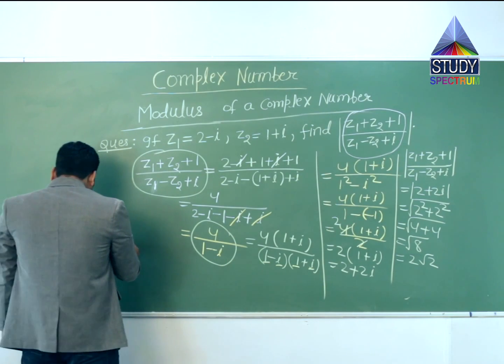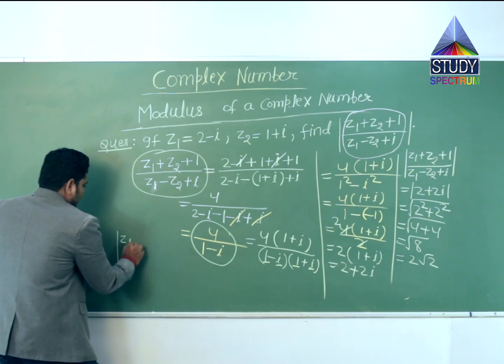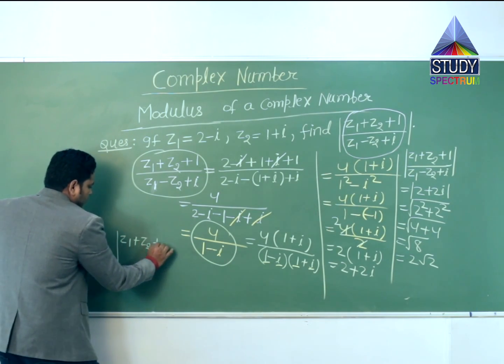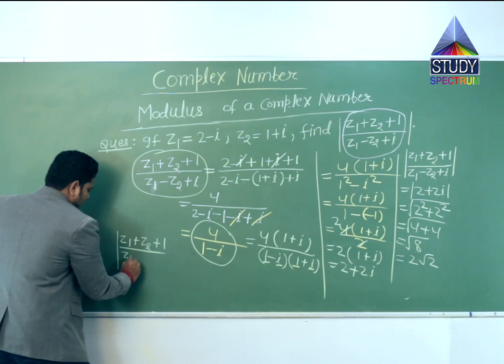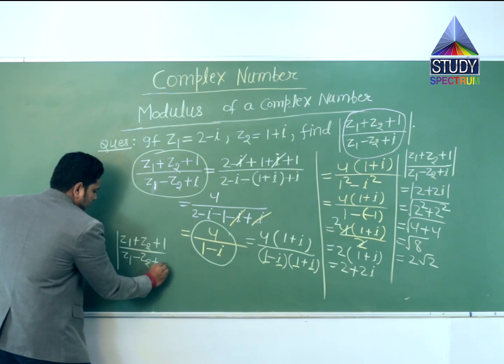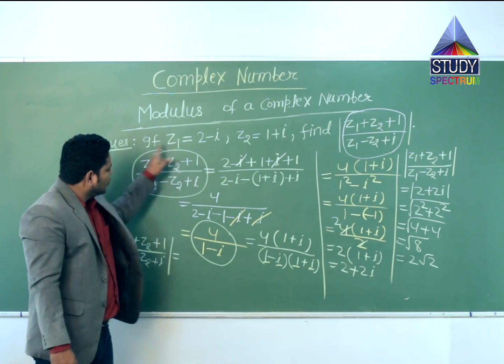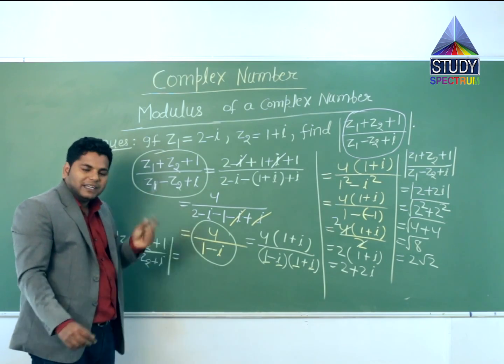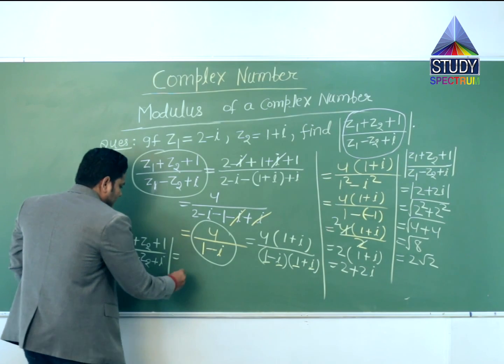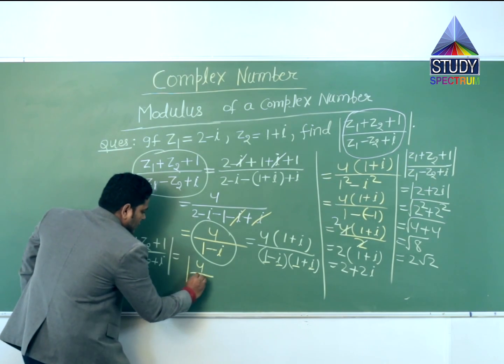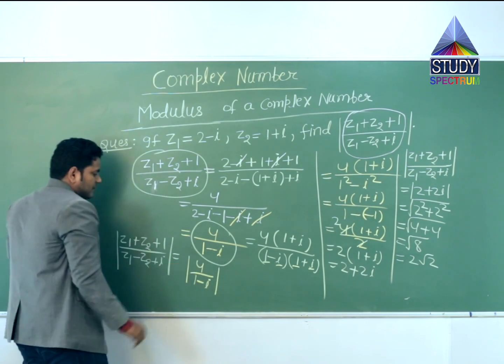It means after simplifying this complex number, we have got 4 upon 1 minus i. So we can write here modulus of 4 upon 1 minus i.